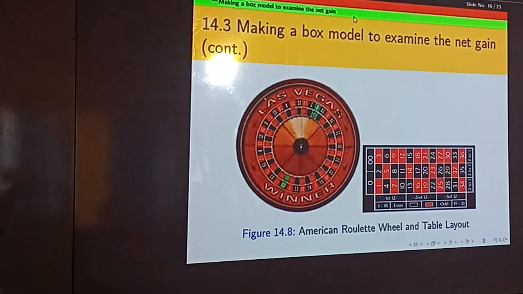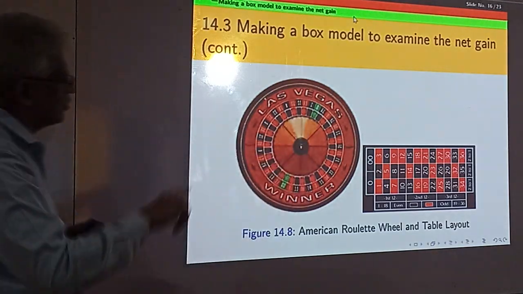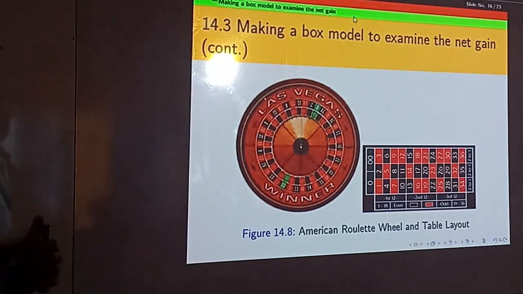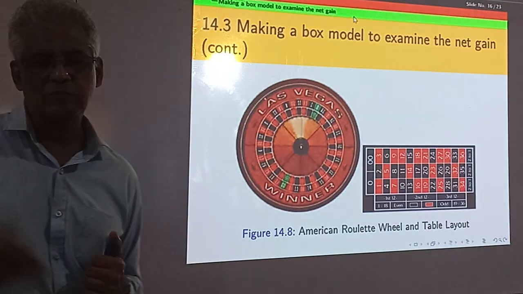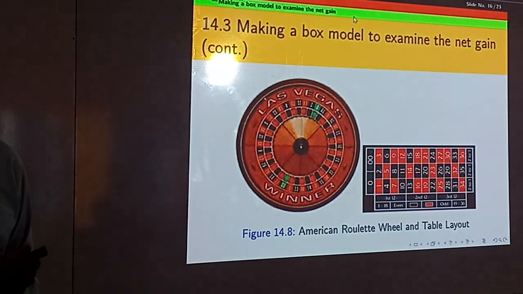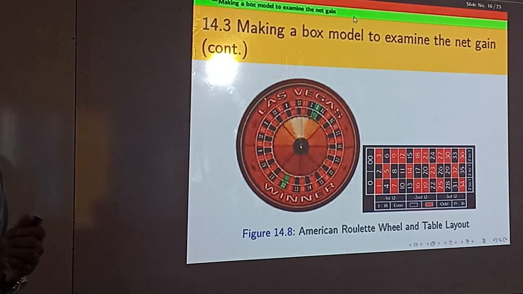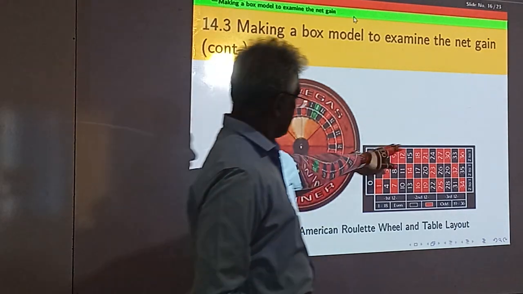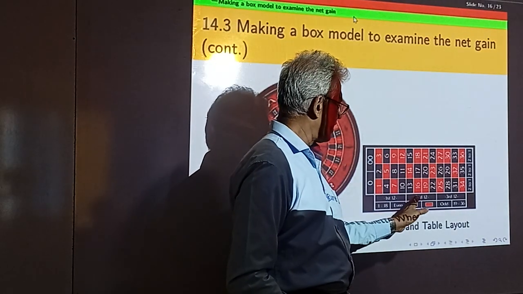So different types of bets can be placed, right? What they do is they turn this one, or then put a ball and then see where the ball goes and stops, right? So somebody might say, okay, when they start it, this will stop at a red one. So betting on a red, or betting on a color, or betting on whether the ball will end up in the first 12 somewhere here, or somewhere here.